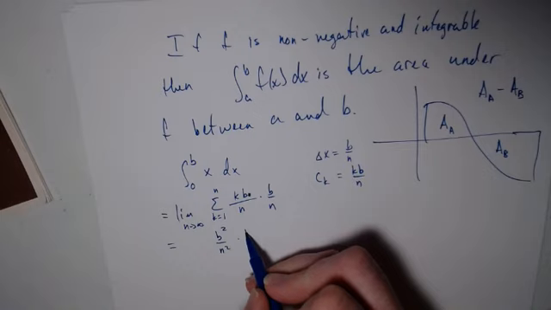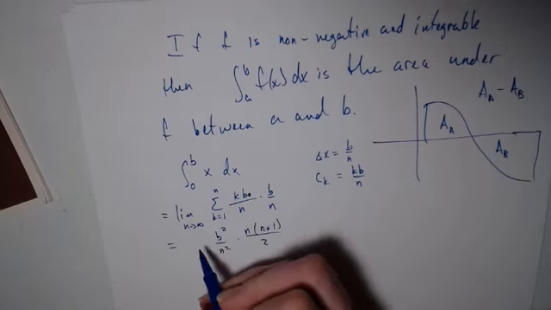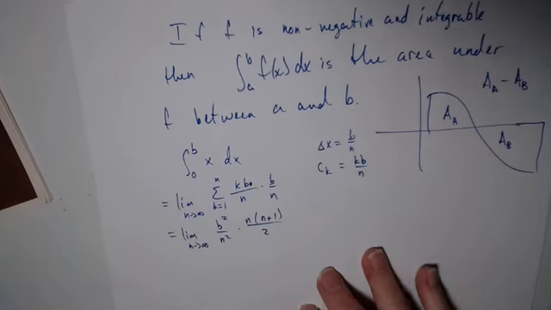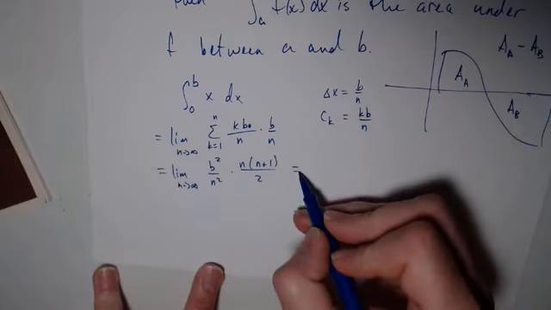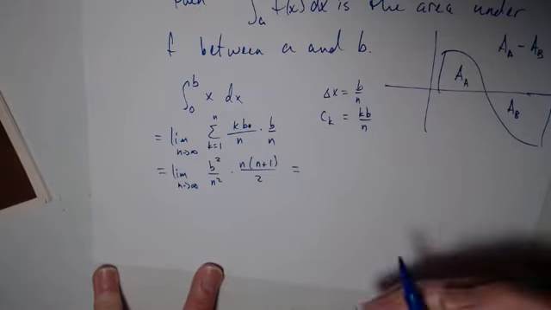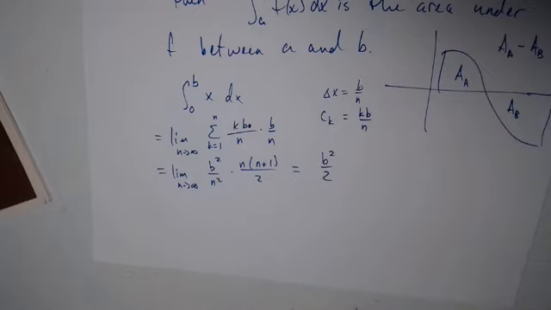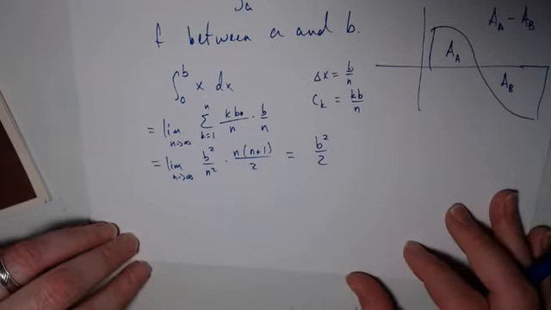And then that's going to be times n plus 1 over 2. We still have to take the limit as n goes to infinity. But then that's going to be equal to b squared over 2. So before, b was 2 and it was 2 squared over 2, and that's how we got it. So that's the definite integral from 0 to b of x dx.